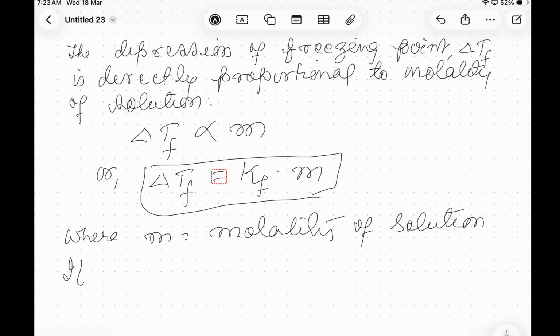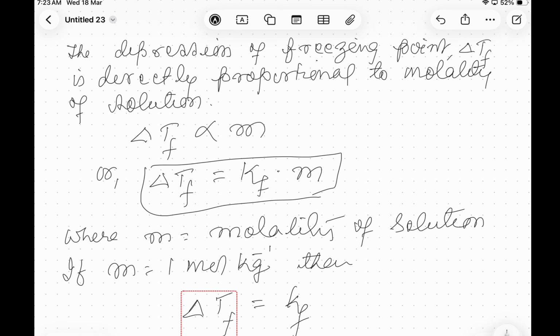If m is equal to 1 mole per kg, then delta TF is equal to KF.